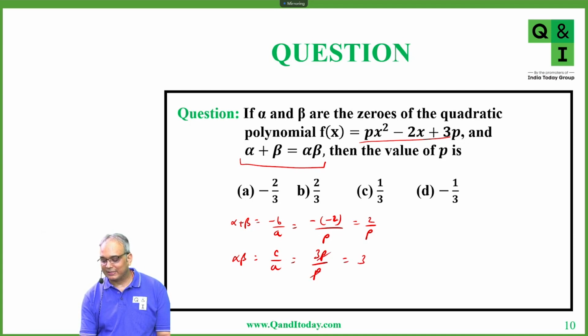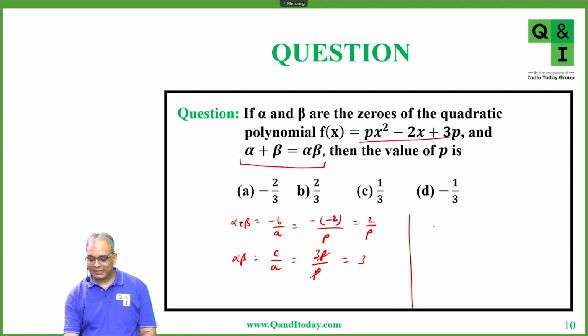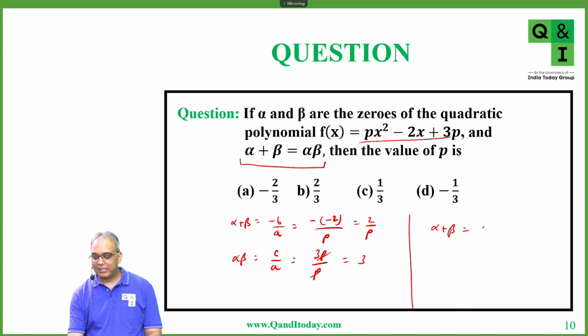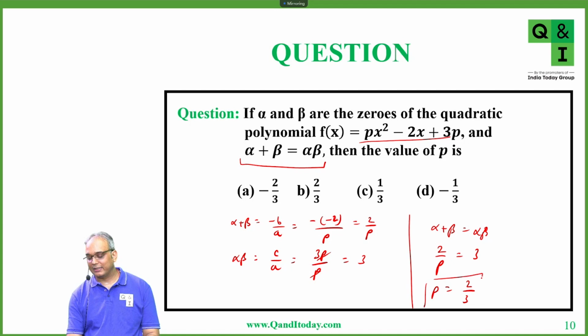P gets cancelled and you get 3. Now what is given in the question is alpha plus beta is equal to alpha beta. So that means 2 by p is equal to 3. So p will be equal to 2 by 3, which is your option B.